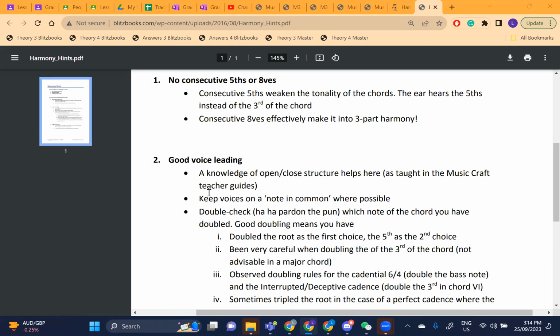firstly, put... Oh, wrong chords. Yeah, wrong chords.